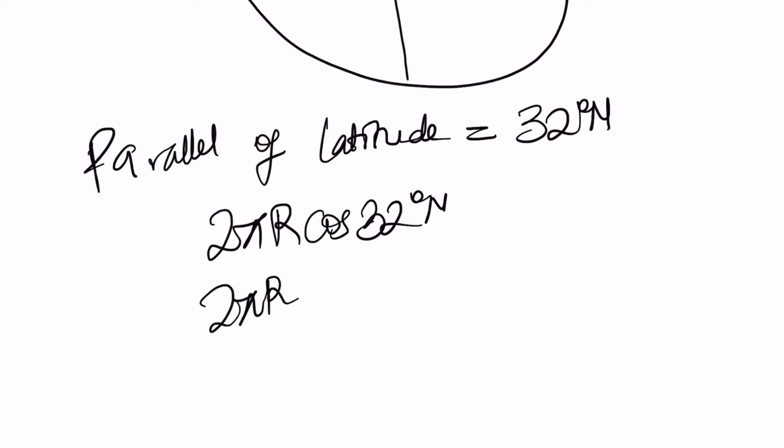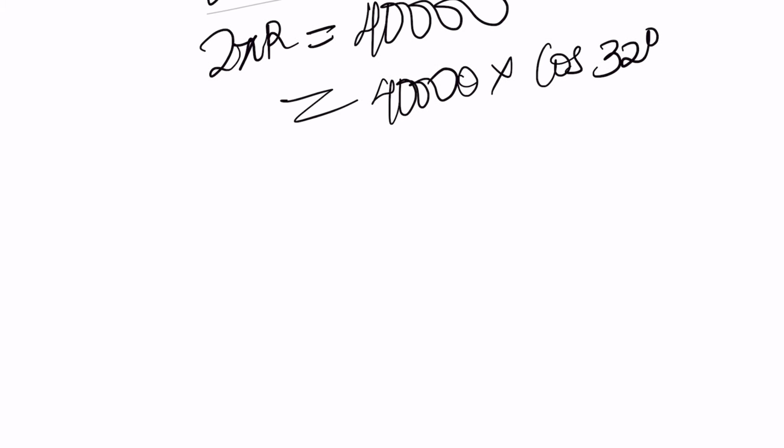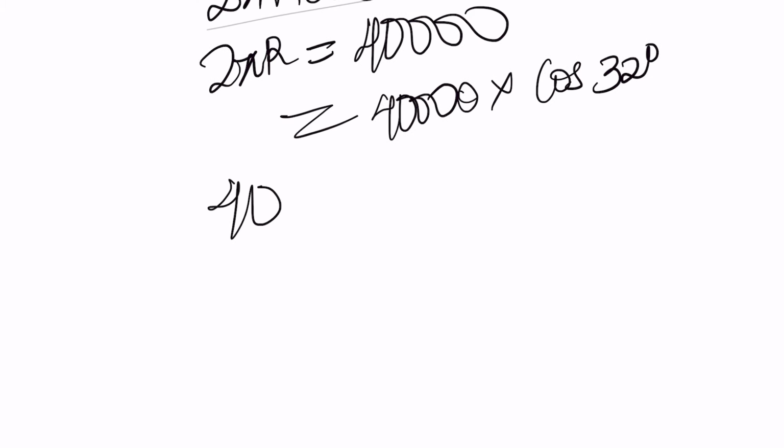So we have 40,000 times cos 32 degrees, and our cos 32 is 0.8480.